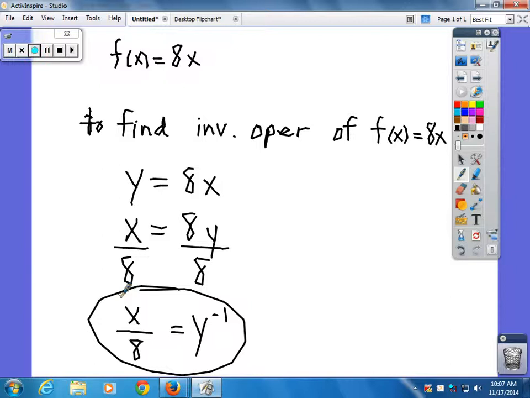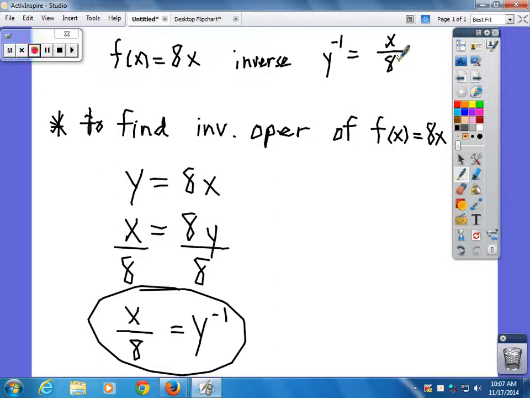Okay? That's how you do any function. That's how you find the inverse. So the inverse function of this function is y inverse is equal to x over 8.